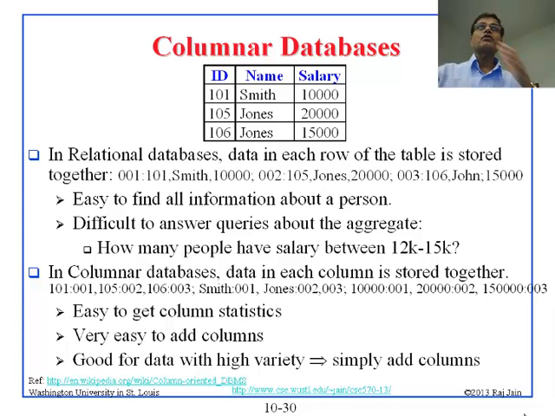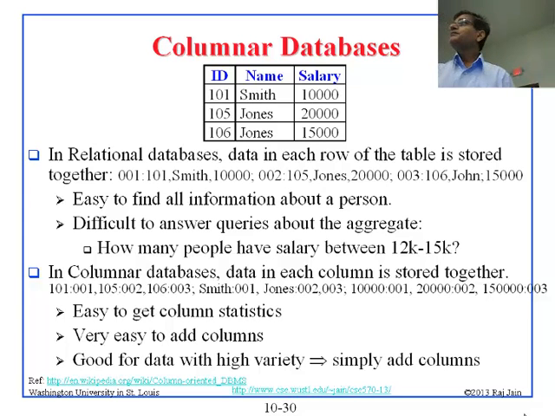For example, let's talk about your Outlook contact list. It will be in a relational database, with your contact's name, their job, phone number, and so on, everything stored one after another in memory or on the disk. So that is row oriented.